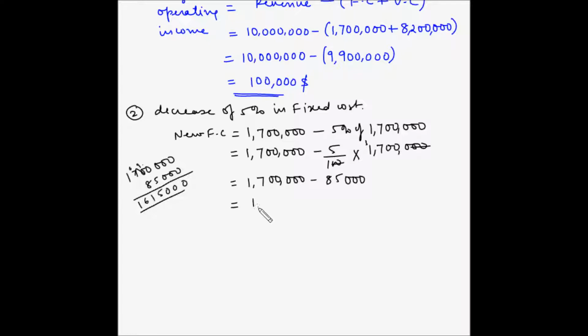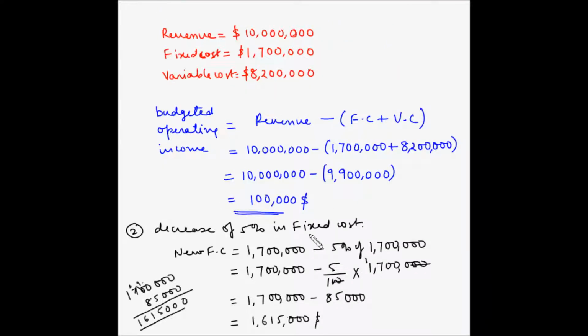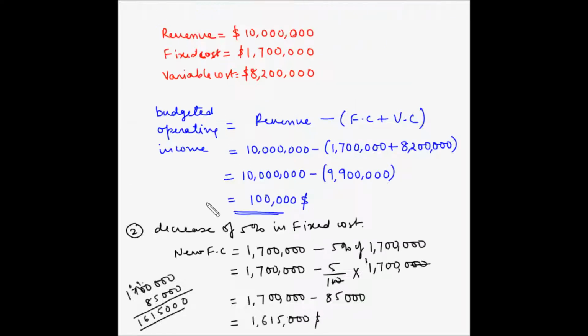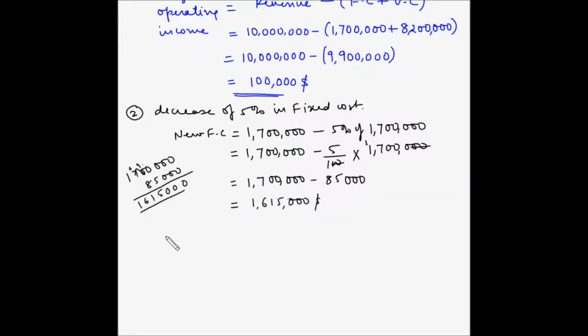So this becomes $1.615 million. So with this change in fixed cost from $1.7 million to $1.615 million, we are supposed to find the impact on the budgeted operating income.